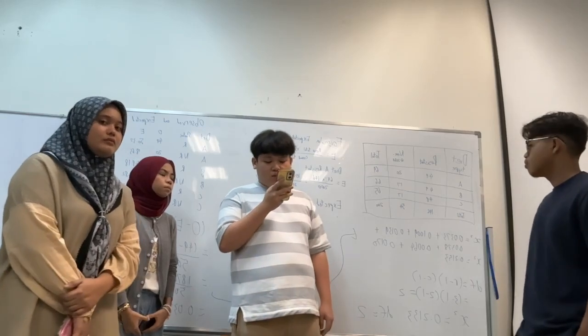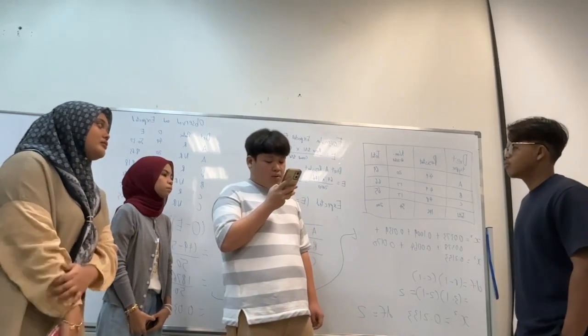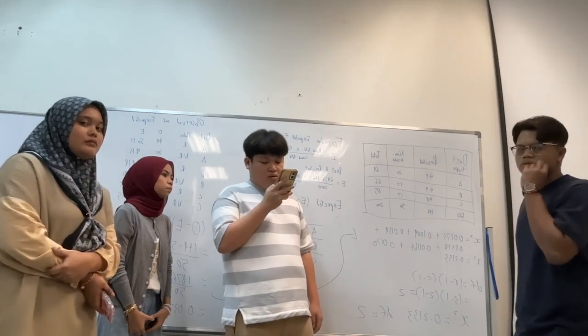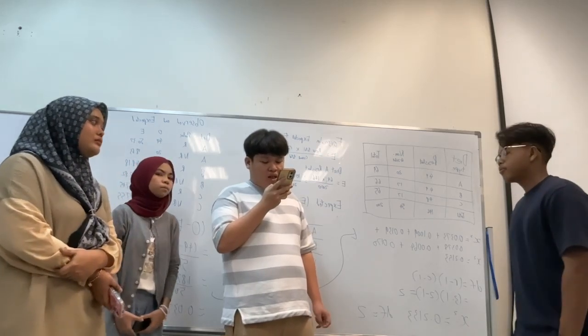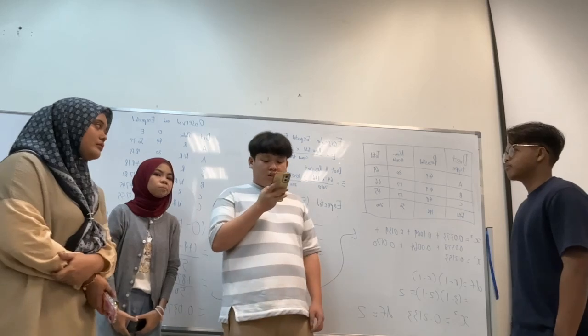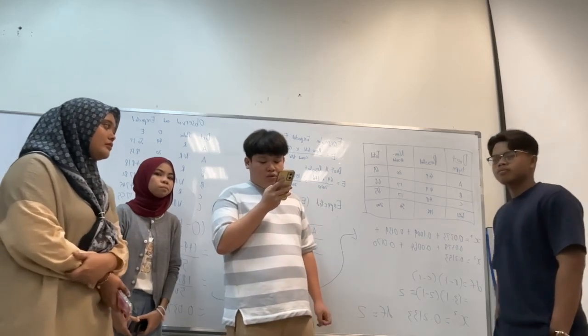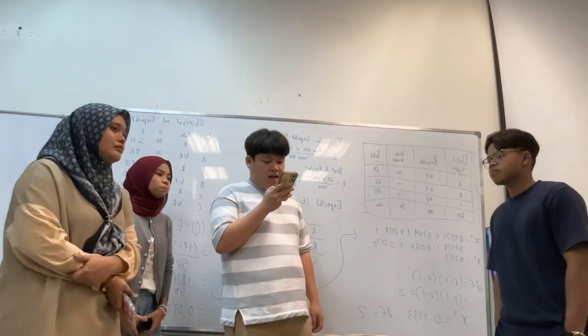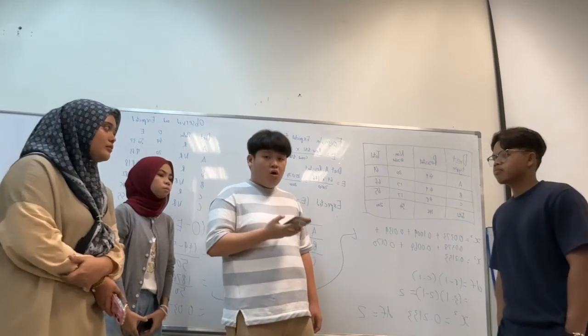Objective 1 is to summarize the relationship between diet type and disease resistance using a contingency table. This helps us clearly present the distribution of patients across different diet types and resistance categories.